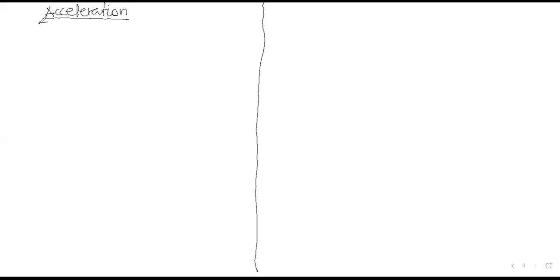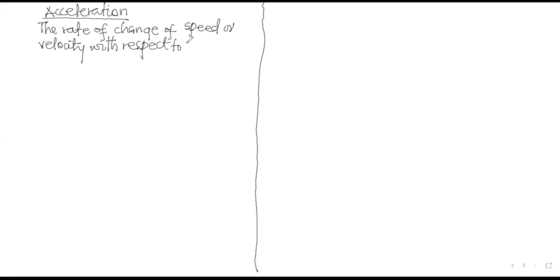Okay, so the rate of change of speed or velocity with respect to time is acceleration.